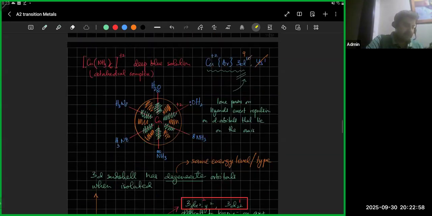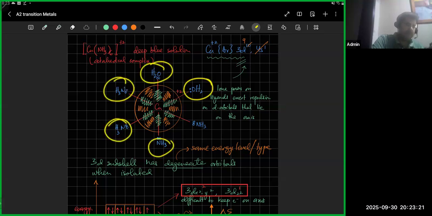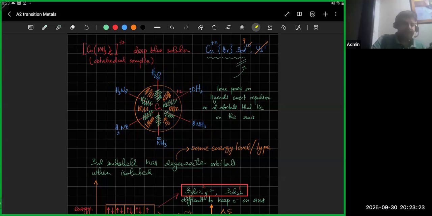Now, when a complex is formed, you have the ion in the middle. Okay, so this is how the complex is formed. You have the ion in the middle, and you have this incomplete d-subshell, which is not bonding actually, but it's there. And the water molecules, their lone pairs come and stick to the copper plus 2 ion, right? So they surround it.